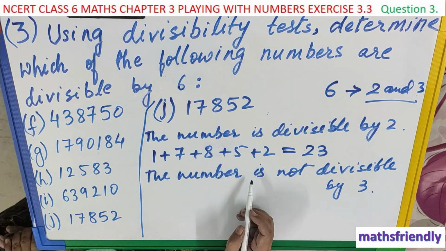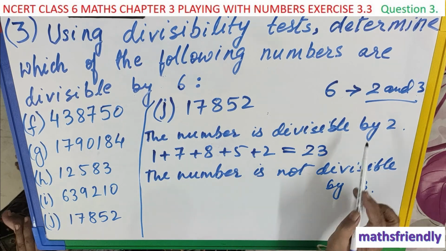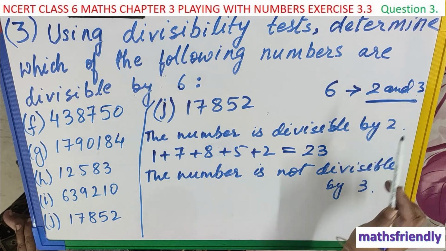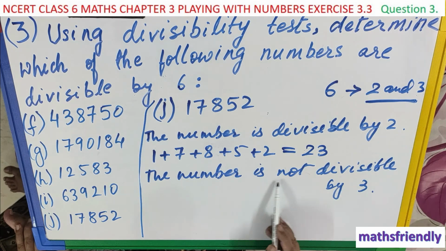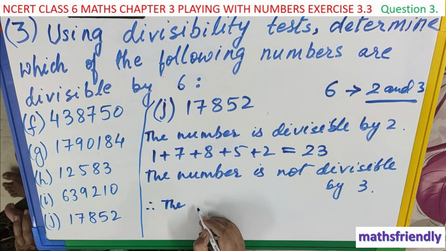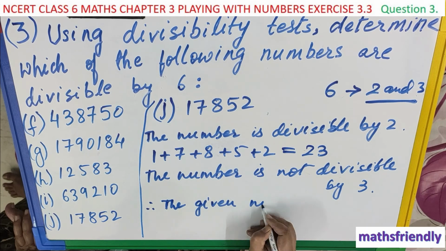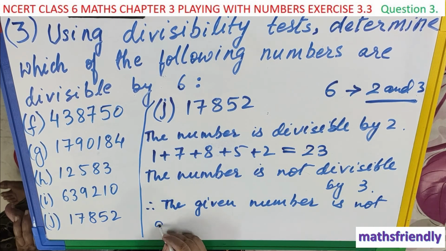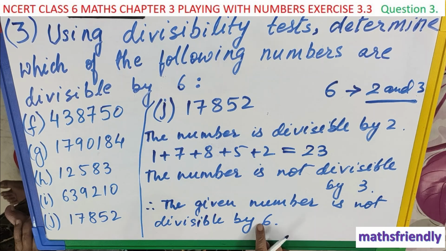Therefore the number will not be divisible by 6, because it has to be divisible by both 2 and 3, but it is only divisible by 2 and not by 3. So the given number is not divisible by 6.